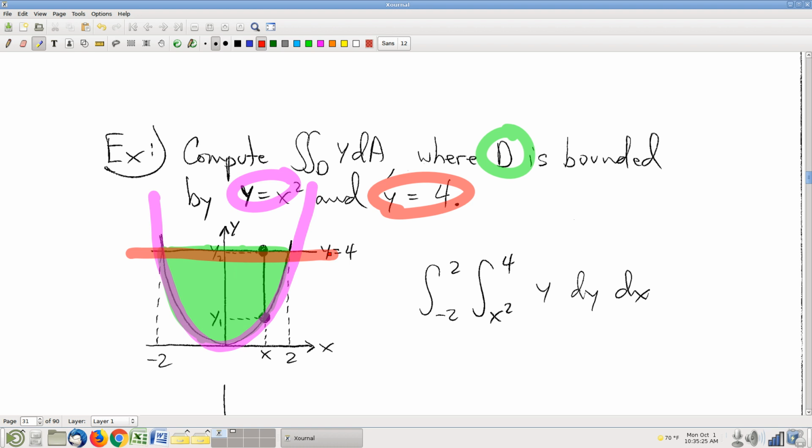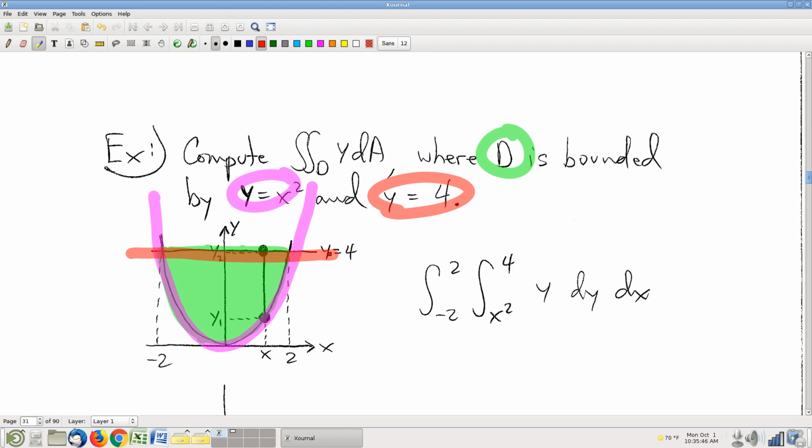The language "bounded by" means two things. It means that these curves make up the boundary of the region that I'm talking about, but it also means that this region is actually bounded. It means that it doesn't run off to infinity in any direction. You can put a fence around this region.